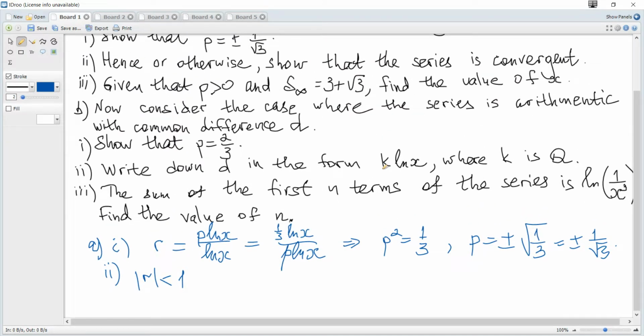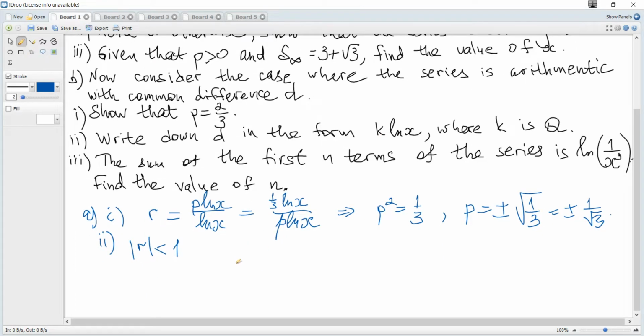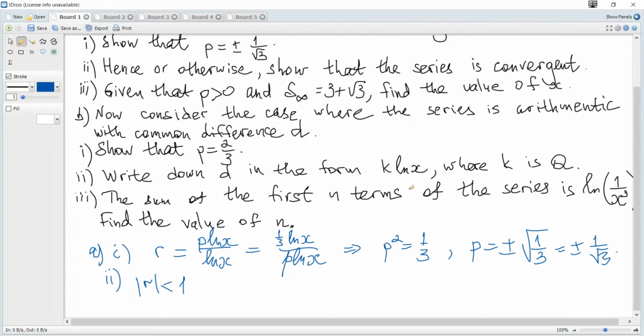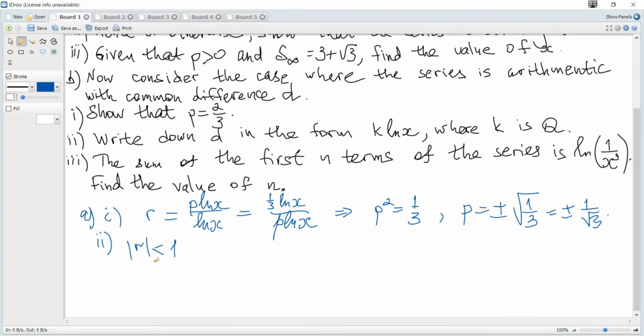It means that the infinite limit exists, and the series tends to some specific value, not to infinity. So the required condition to be convergent is that the absolute value of the ratio must be less than 1.